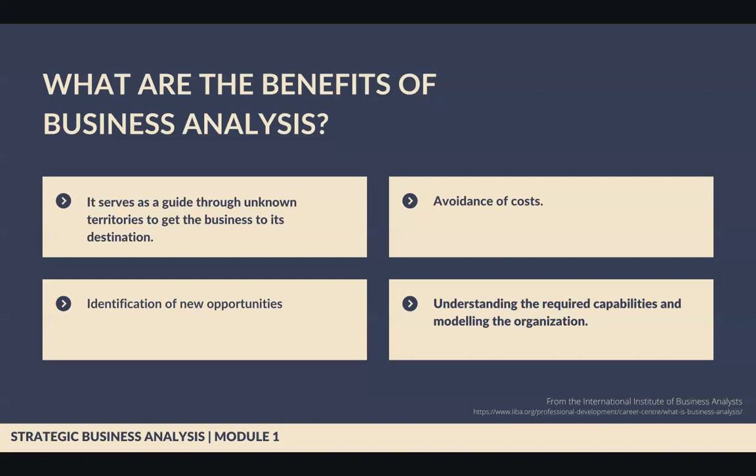Third, of course, strategic business analysis helps us avoid unnecessary costs. When you plan something, you want to make sure that all costs are accounted for. That's why businesses employ strategic planning. It is because they want to be ready on all fronts in case something happens to the business.